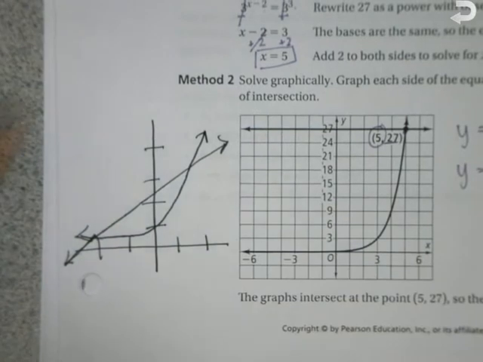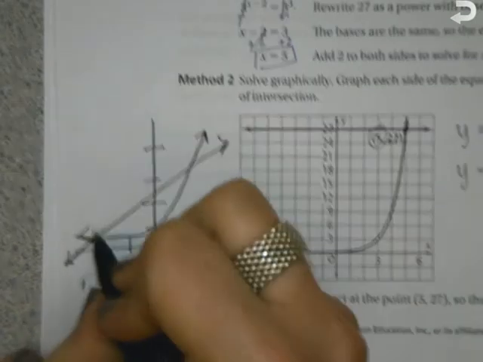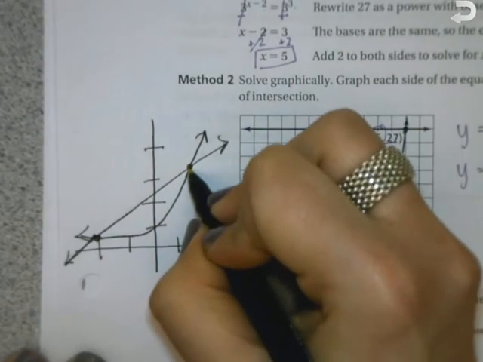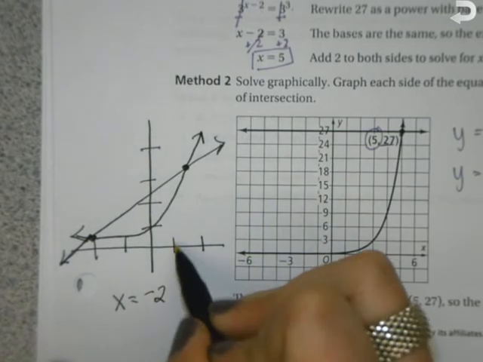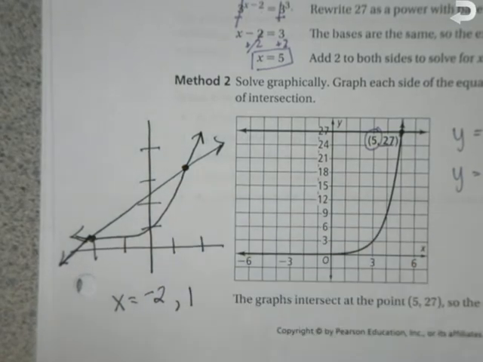So it's not just a horizontal line, it's actually a linear function. How many solutions will that one have? 2. And where does it look like they would be? Negative 2 and 1. Okay? So sometimes, depending on what two types of functions you are graphing, you might have more than just one answer. Okay?